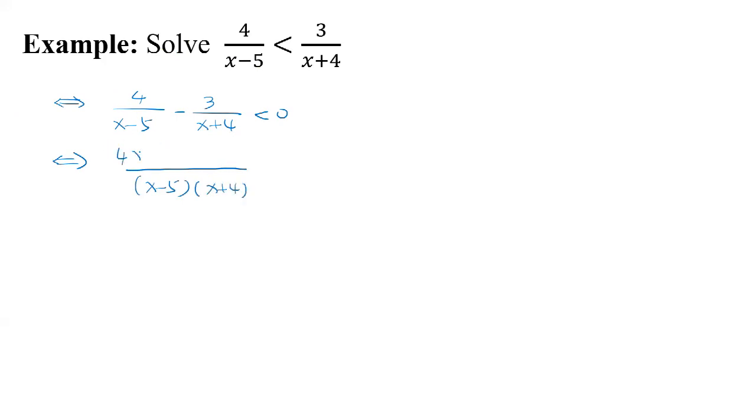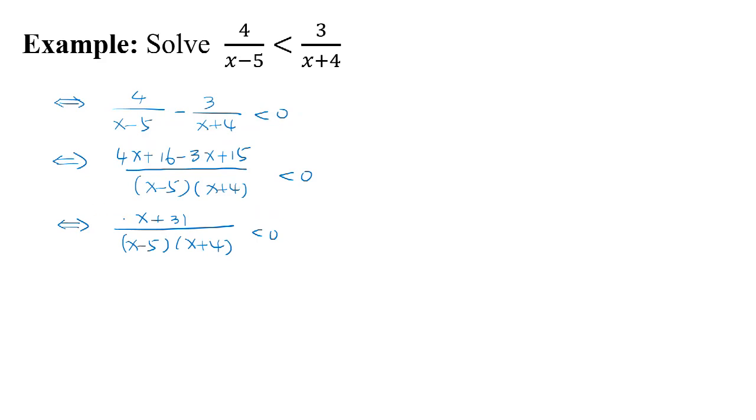Then this is 4x plus 16 minus 3x plus 15, right? Which is less than 0. And simplify this, we can get x plus 31 over x minus 5, x plus 4 less than 0, right?